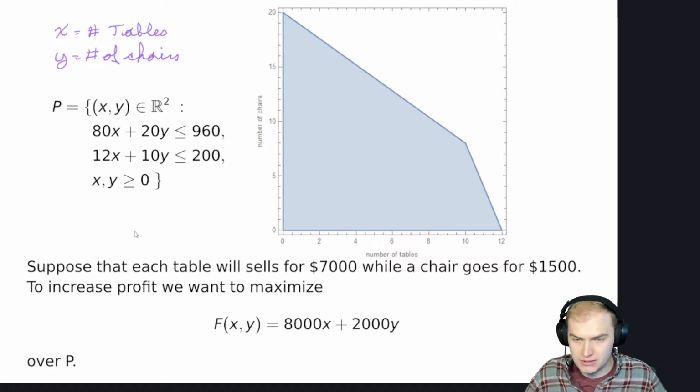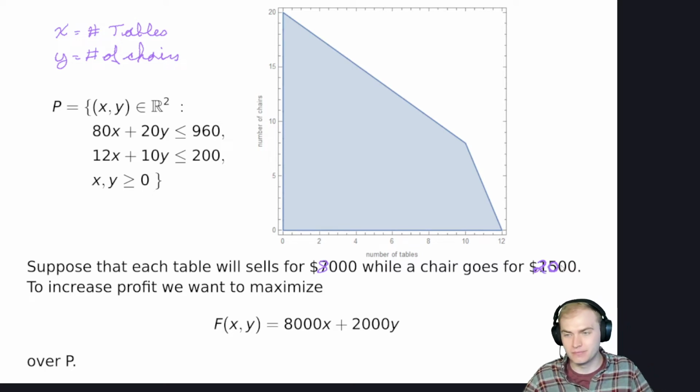So let's suppose that each table sells for $7,000. Well, I changed the model, but I didn't change the word problem. Each table sells for $8,000, while a chair sells for $2,000. And we're going to assume that the man-hour cost, the cost of production, is not relevant.